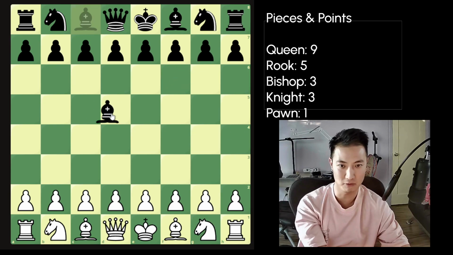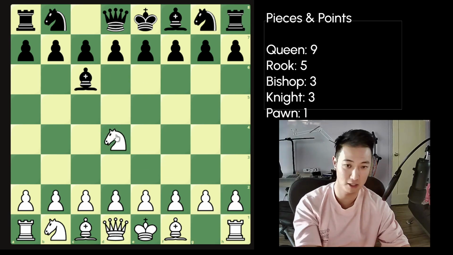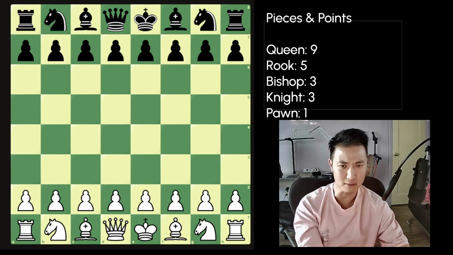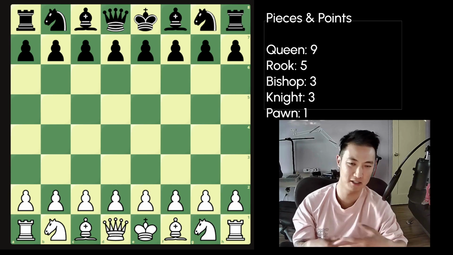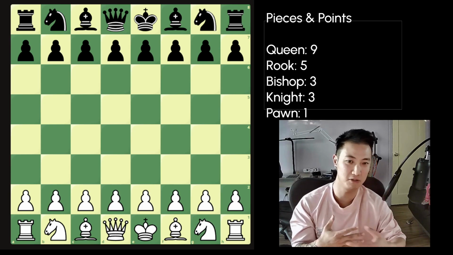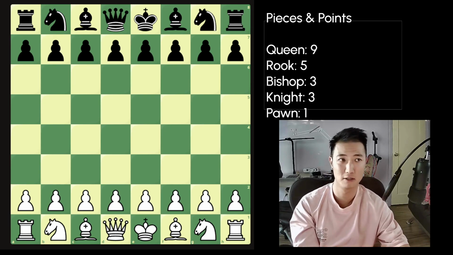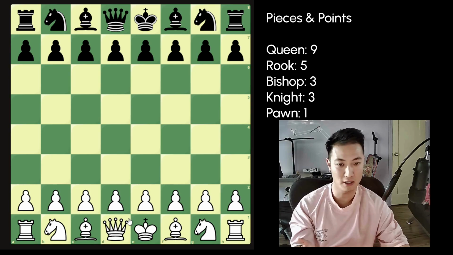Same for bishops, right? If I were to show the example again, and this time we're trading a knight for a bishop, they're worth around the same value. The points aren't really exact. It's just a system to know whether this is more or less a fair trade. So queens are nine.